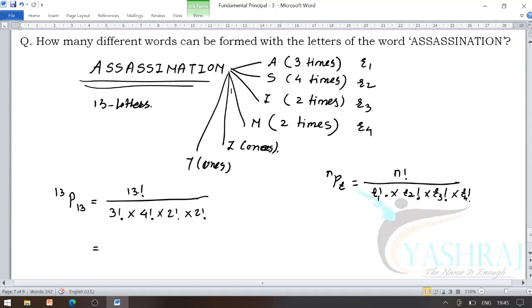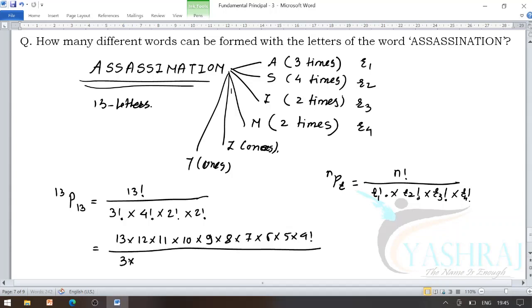So we can write 13 factorial as 13 into 12 into 11 into 10 into 9 into 8 into 7 into 6 into 5 into 4 factorial, divided by 3 into 2 into 1 which is 3 factorial, 4 factorial keep as it is, 2 factorial becomes 2 and 2 factorial becomes 2.